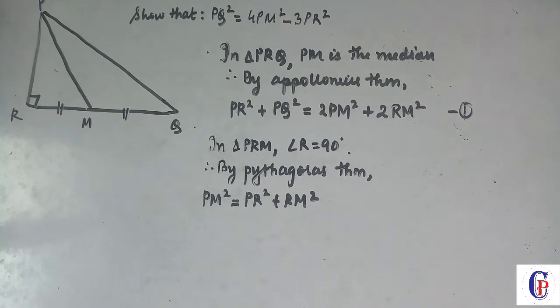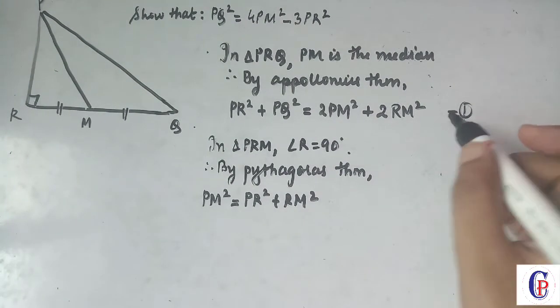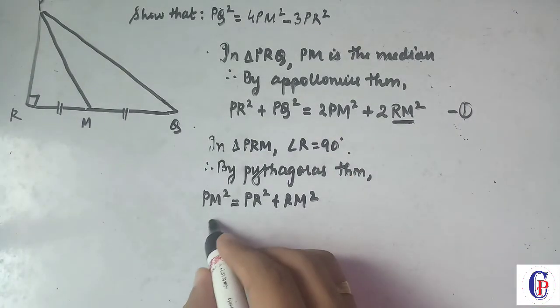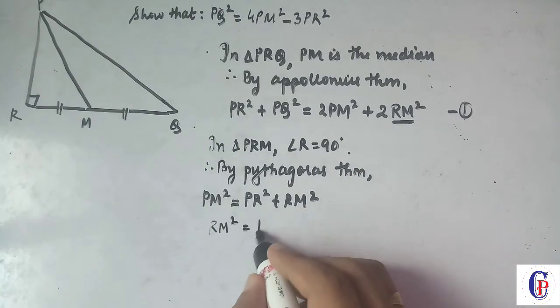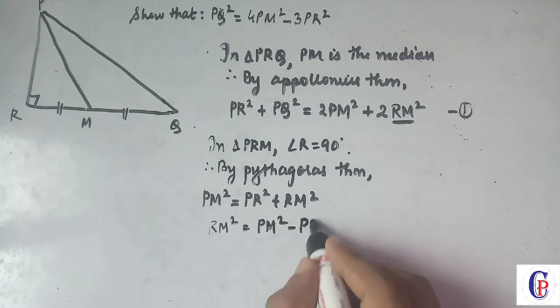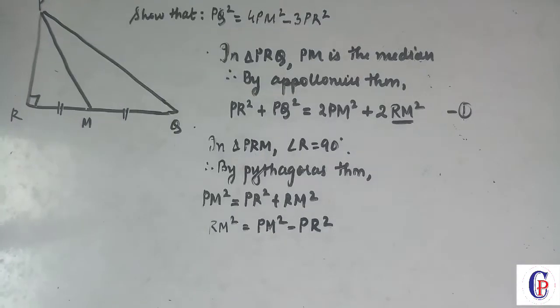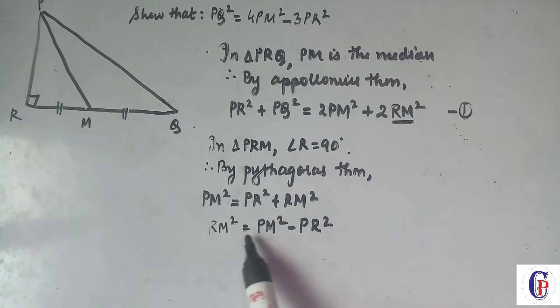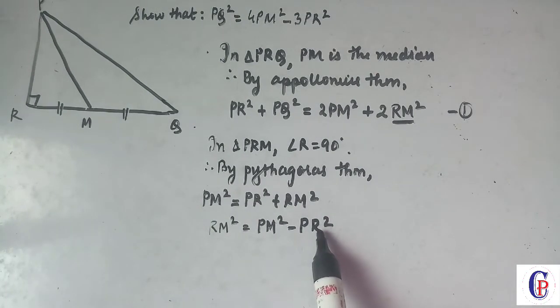So what was our thought process? That I want to remove this RM. So RM square is PM square minus PR square. This PR went on the left side, so we have got PM square minus PR square.